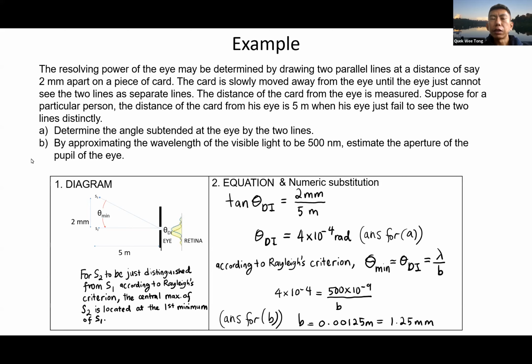Then on the other side of the equation will be the lambda over b. If you have done this a few times, you'll be quite familiar. People who always feel that this is very difficult, maybe it's because of not enough practice also. You do it one or two times, you know what those terms mean, and you get a feel of the pattern of this question. It's okay already.